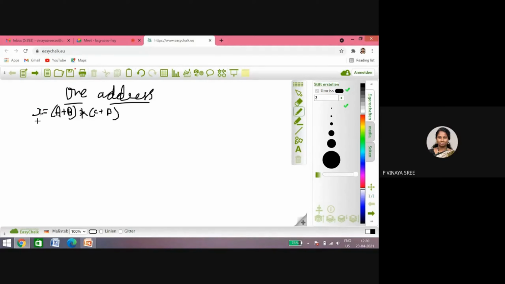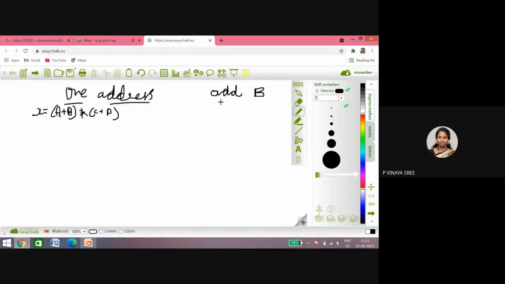If there is an add b, it indicates that one of the operands, a, will already be loaded in an accumulator. So in a one address instruction format, we'll be using load and store.